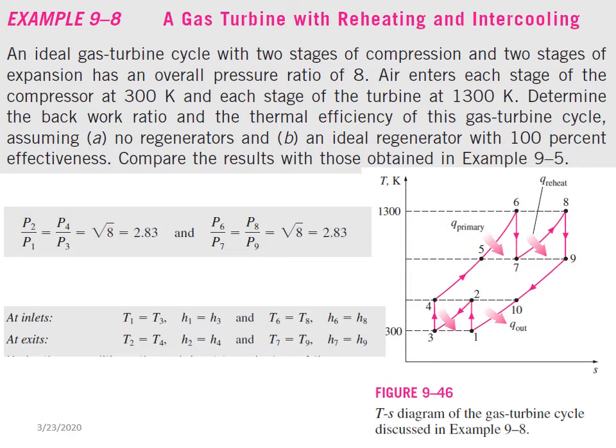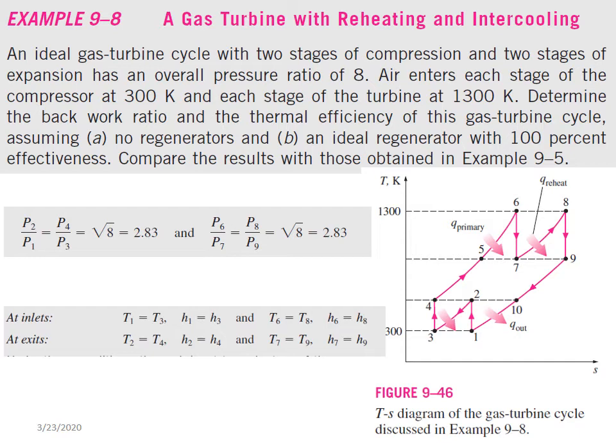Similarly, for the turbine exit, temperature at point number 7 will be equal to temperature at point number 9, and enthalpy at point number 7 will be equal to enthalpy at point number 9. So under these conditions, the work input of each stage of the compressor will be the same, and the work output of each stage of the turbine will also be the same.